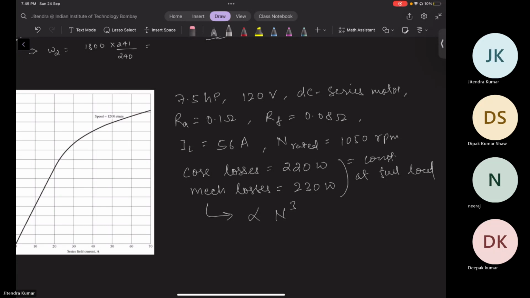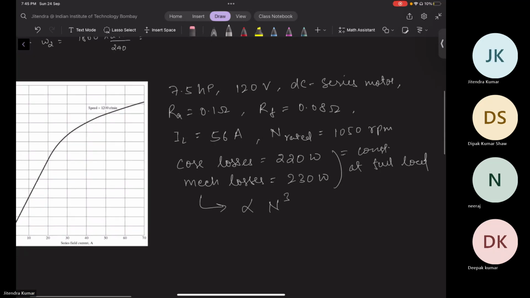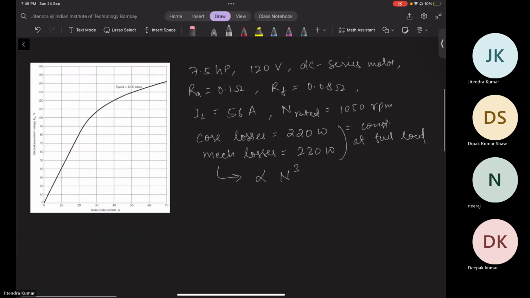Now we have to calculate the efficiency of this motor. For efficiency we can do output power divided by output plus losses. The output power is given: 7.5 HP multiplied by 746 is equal to 5.6 kilowatt.